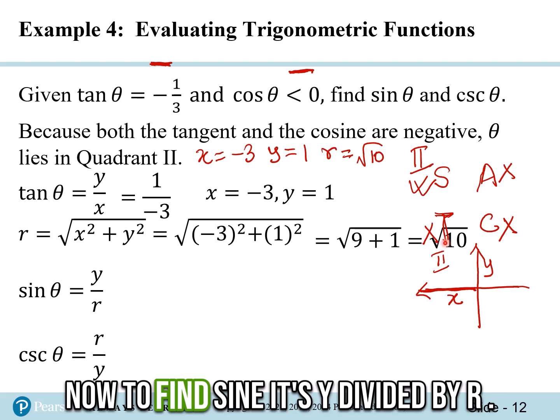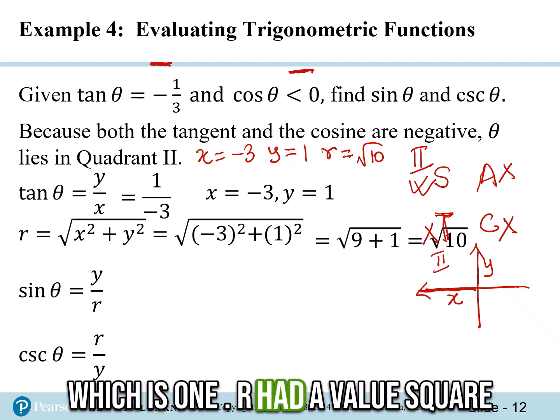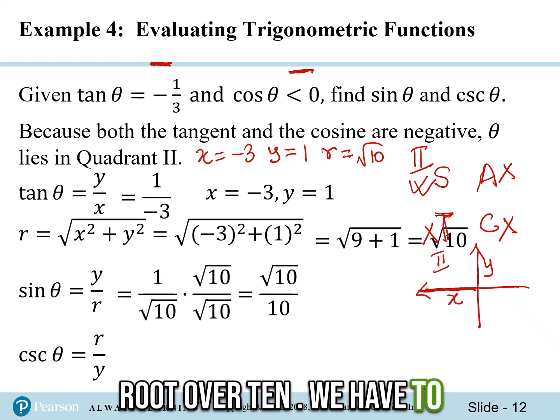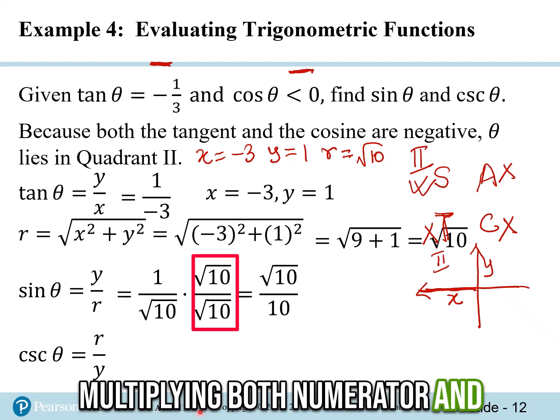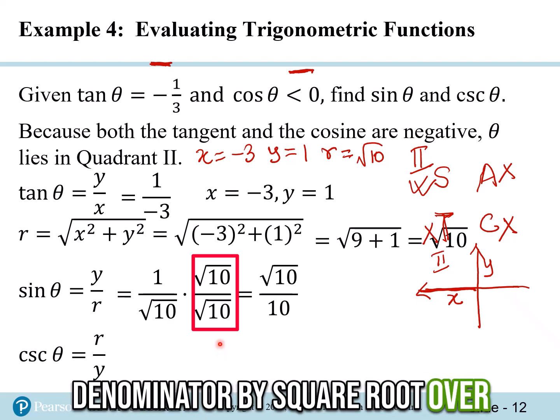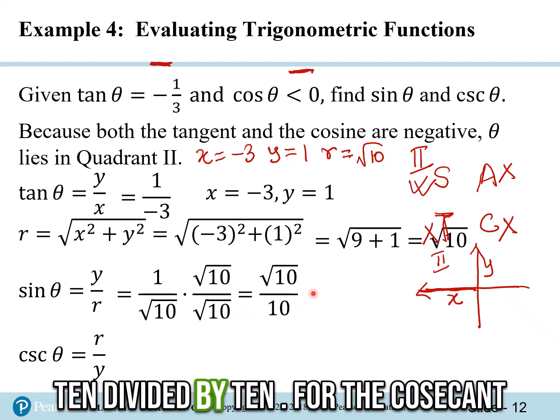Now to find sine, it's y divided by r. You just plug in the value of y, which is 1. R had a value square root over 10. We have to rationalize the denominator by multiplying both numerator and denominator by square root over 10, and we get square root over 10 divided by 10.